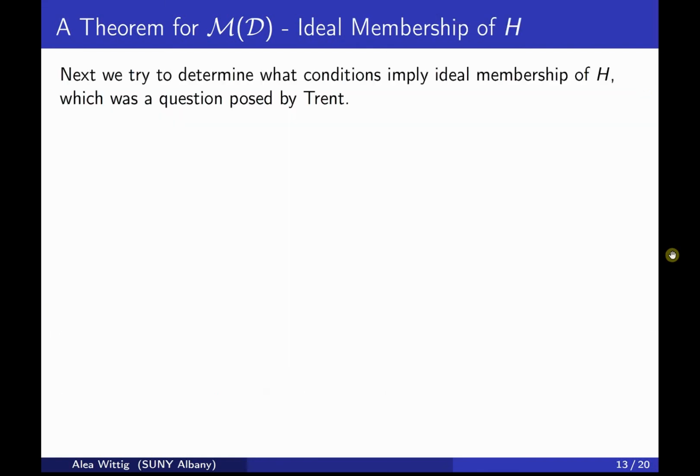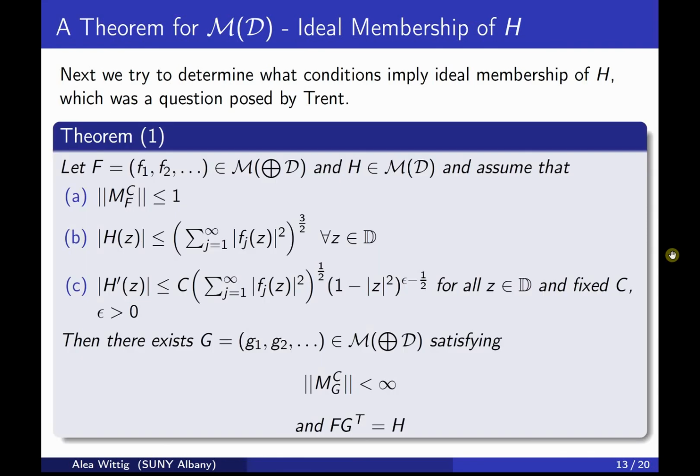Next we try to determine what conditions imply ideal membership of H, which was a question posed by Trent. That is the main theorem that I'm working on and that I'll be outlining shortly.